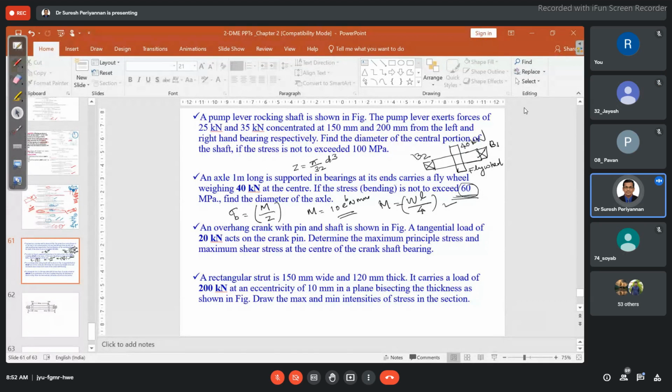Now you may consider material property E equal to 200 GPa, 200 times 10 power 9 Newton per meter square. This is a material property. Now, whatever diameter we have found, is it suitable or not, or do we need to increase the diameter a little?